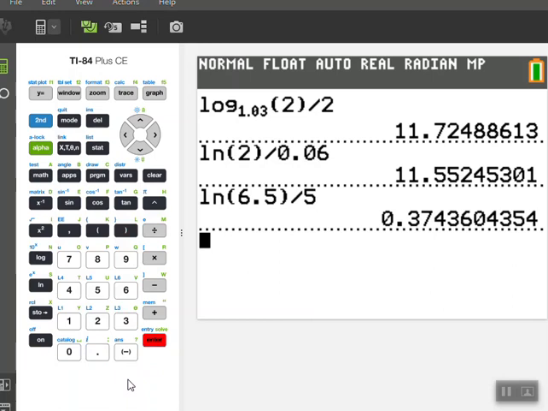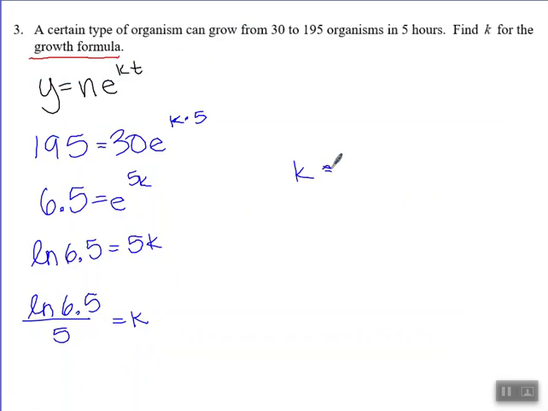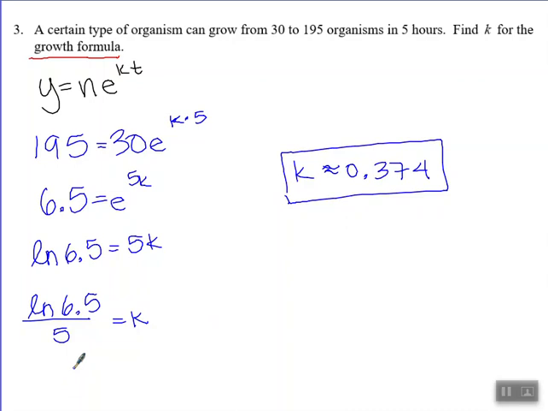And again, we're going to round to 3 decimal places, so we have 0.374. Now, k is a constant, so we do not have units. So this is our final answer.